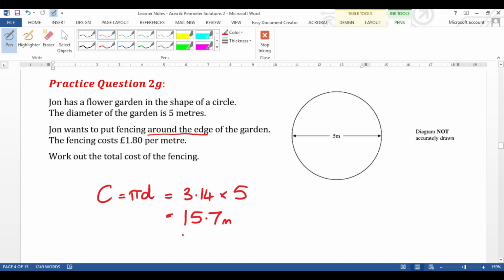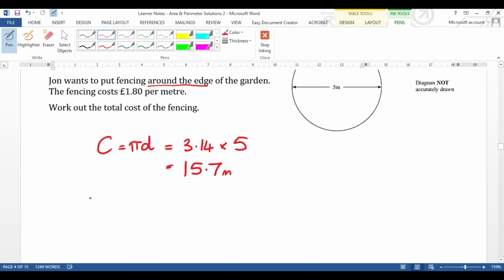Obviously in real life you probably do buy the fencing in whole meters, but it's not wrong if you did do 15.7 times the £1.80, which gives us £28 and 26 pence.